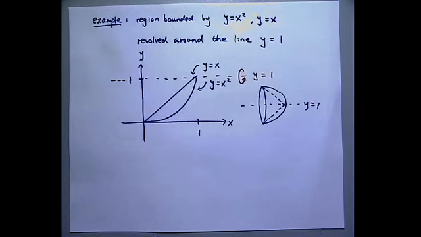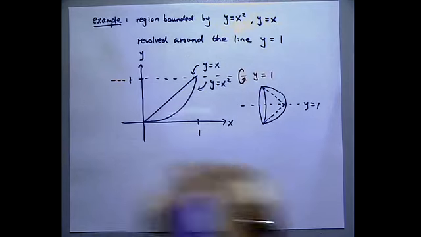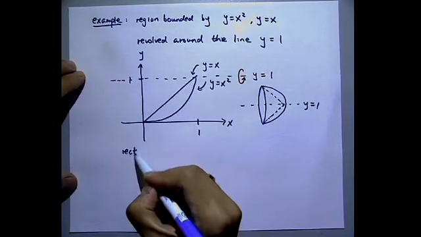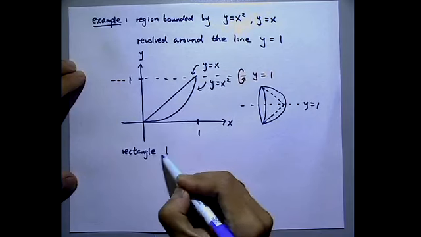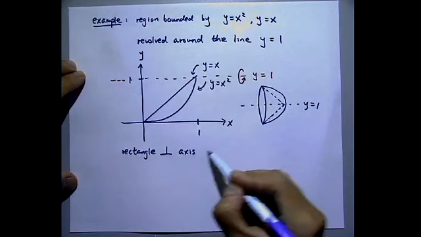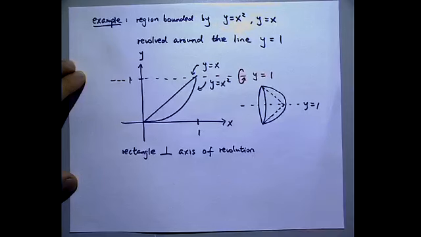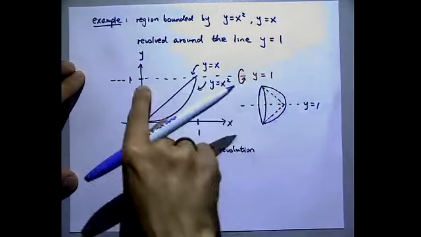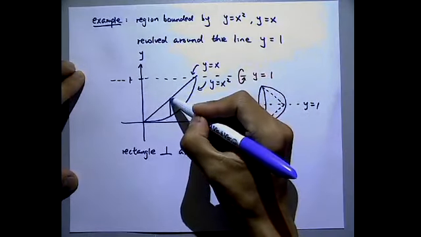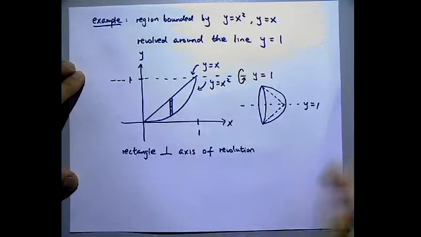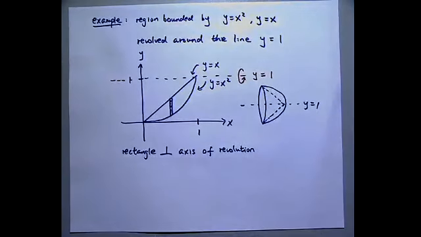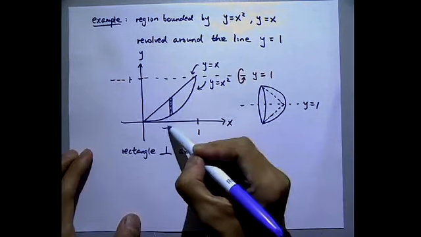Okay, once again, remember, the rectangle you set up is always perpendicular to the axis of revolution. So that means I want to set up my rectangle perpendicular to that. Thickness, again, is dx.